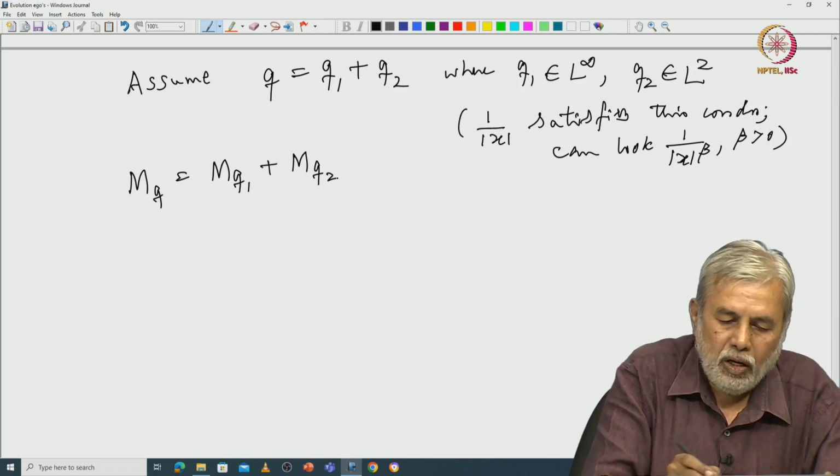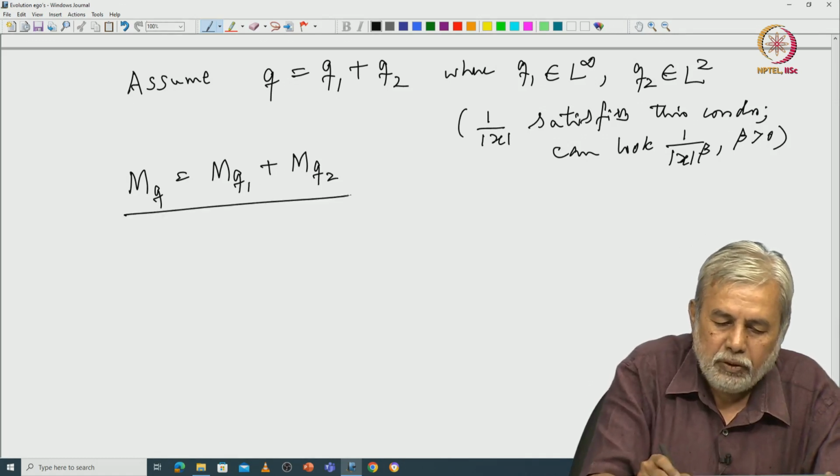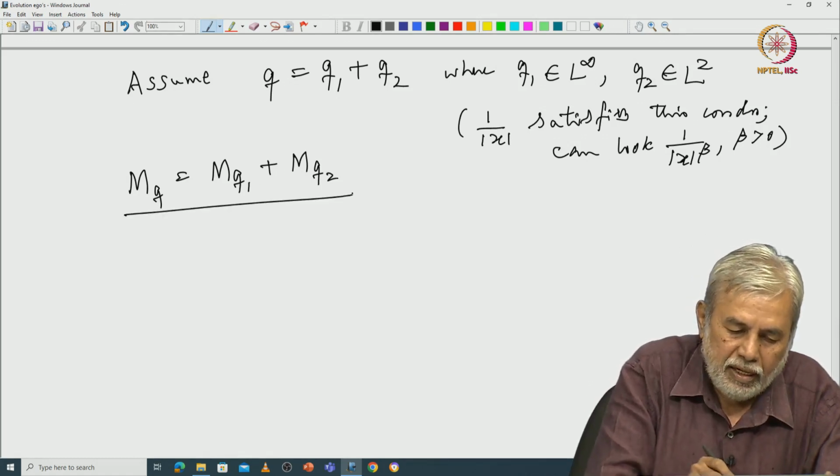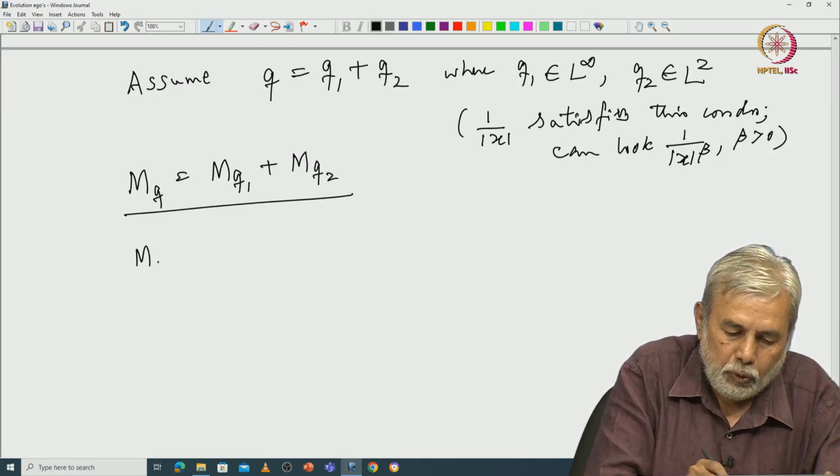So, when q1 is bounded, just look at this, MQ1 u in L2.